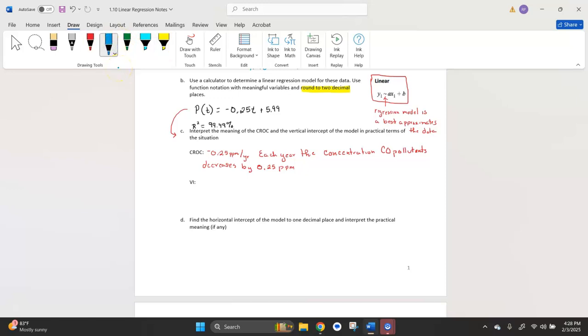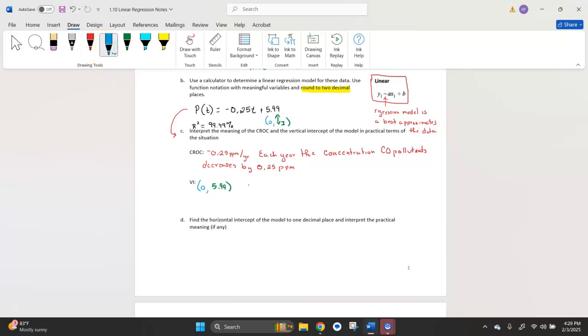Now our vertical intercept, remember, this is 0, comma, our vertical intercept value, which is right there. So we know that our vertical intercept is (0, 5.99). Again, we're not looking at the data, we're only looking at the model, the function that we just created.